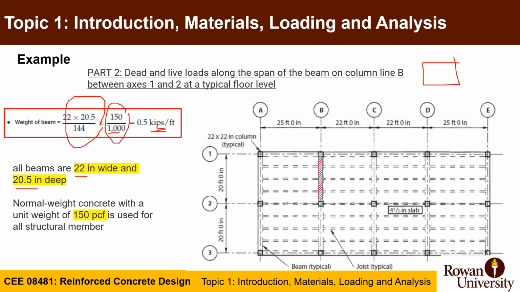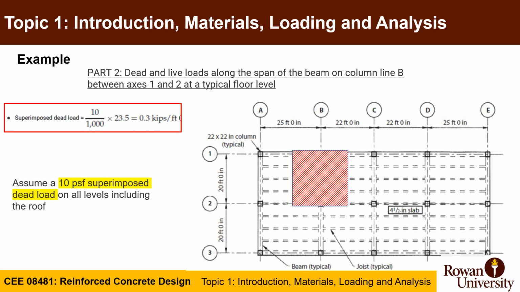You also need to divide by 1,000 to convert to kips, and you divide by 144 to convert from inch square to feet square, and this will give you half kip per foot as a uniform load on the beam. A superimposed load will be very similar to the weight of the slab, except that you replace the weight of the slab by 10, which is the superimposed load.